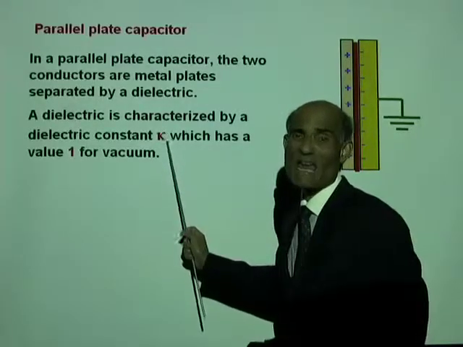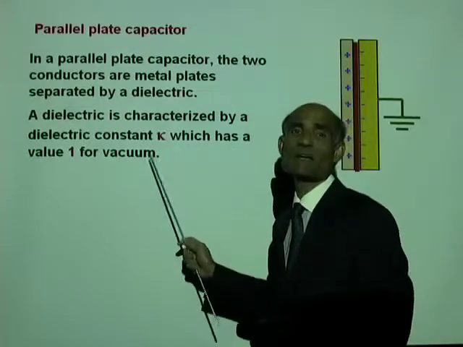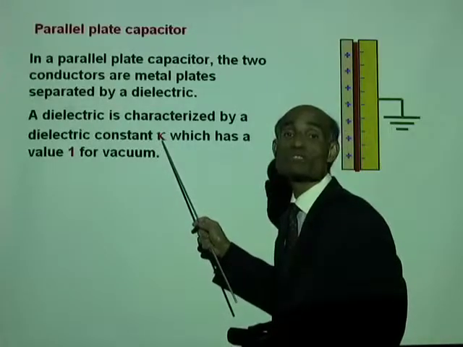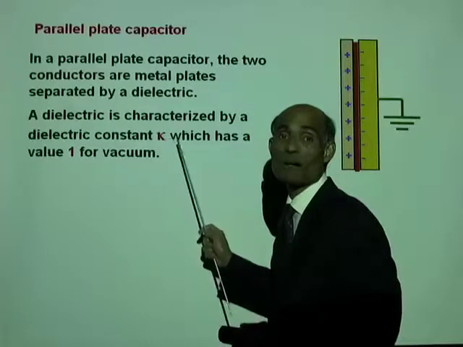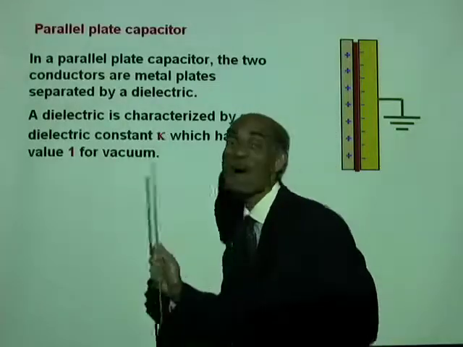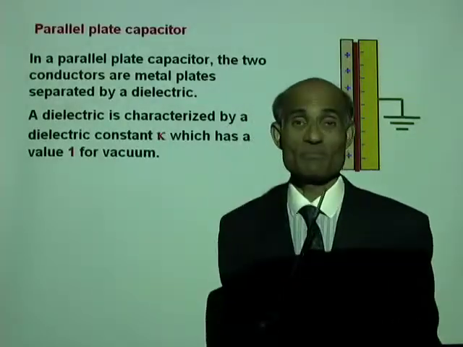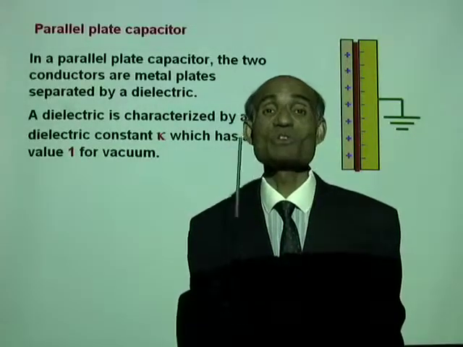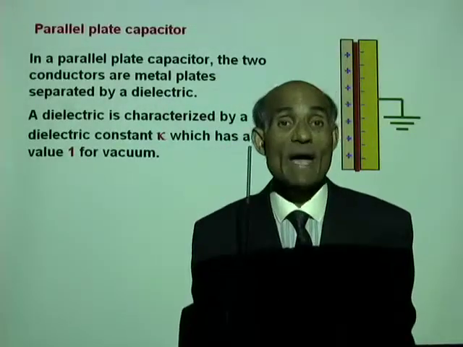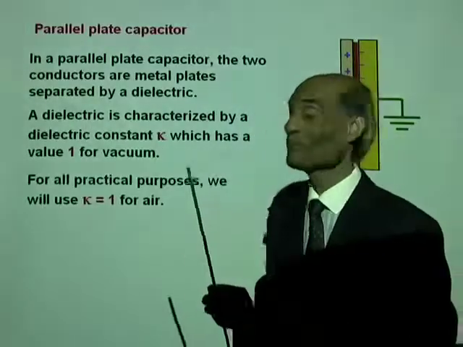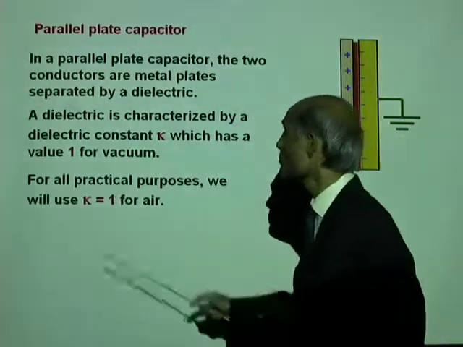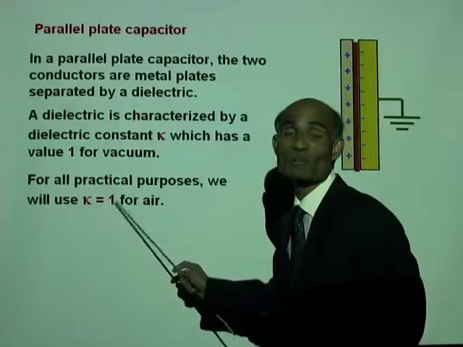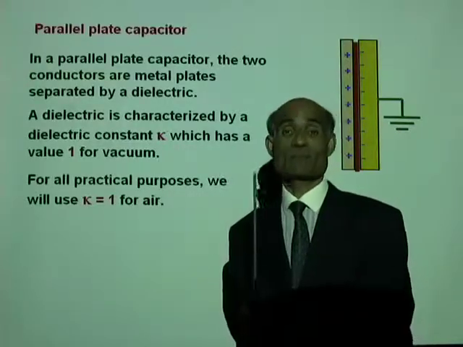Don't call it K. It looks like K, but we use this as a Greek letter. It's kappa, which has a value 1 for vacuum. But for all practical purposes, we will use the value for air also as 1. For all practical purposes, we use kappa equal to 1 for air.